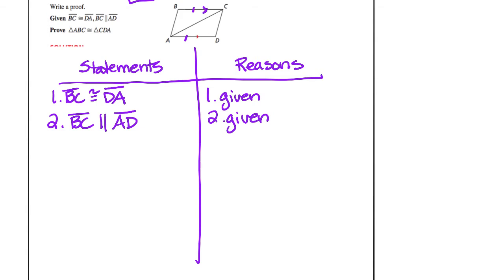Notice these little triangles. It's really important for you to remember that just because there are arrows, it doesn't mean those sides are congruent.